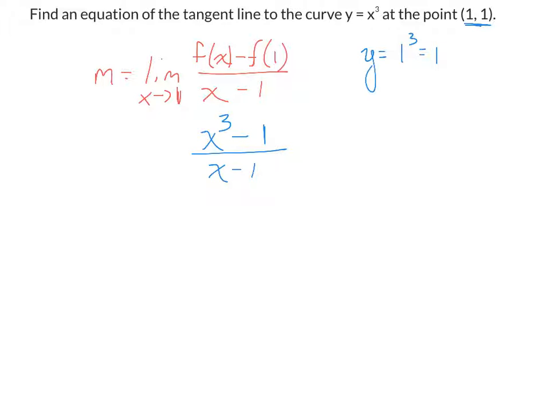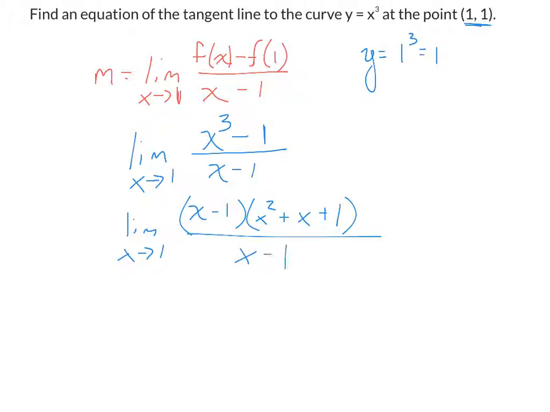And we can factor this as we approach 1, into x minus 1 times x squared plus x plus 1 all over x minus 1.